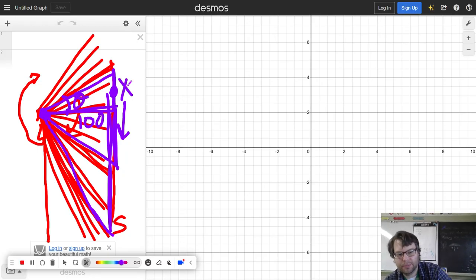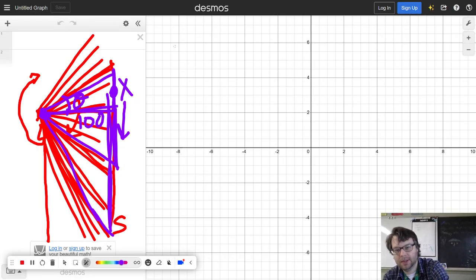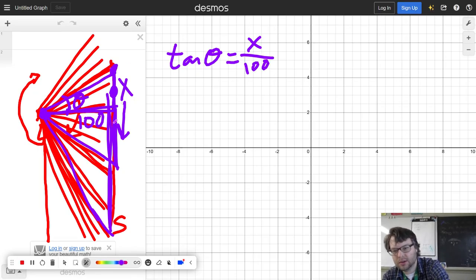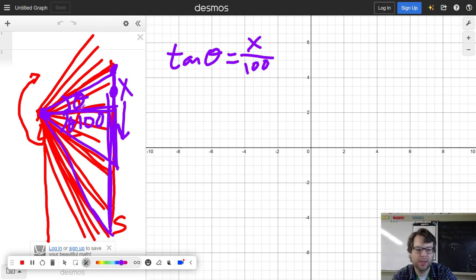X is the opposite side to that angle, and 100 is the adjacent side. So if I set up my trig ratio, I know that tangent of the angle is equal to X divided by 100. And that's true if X is up here. It's also true if X is down there. It's just my picture looks like this with a theta below the perpendicular line.